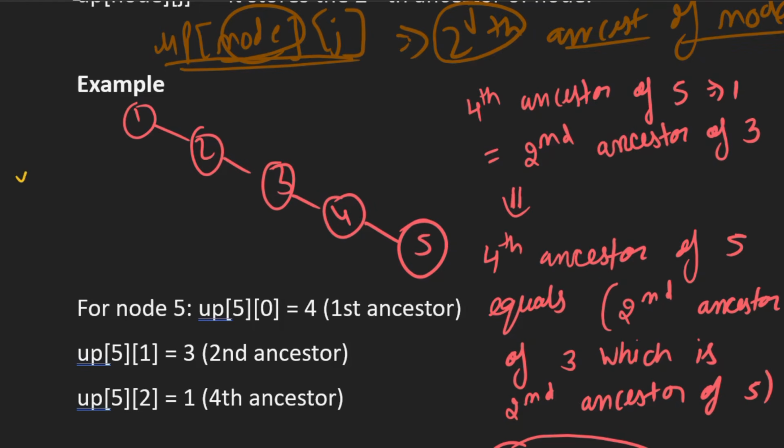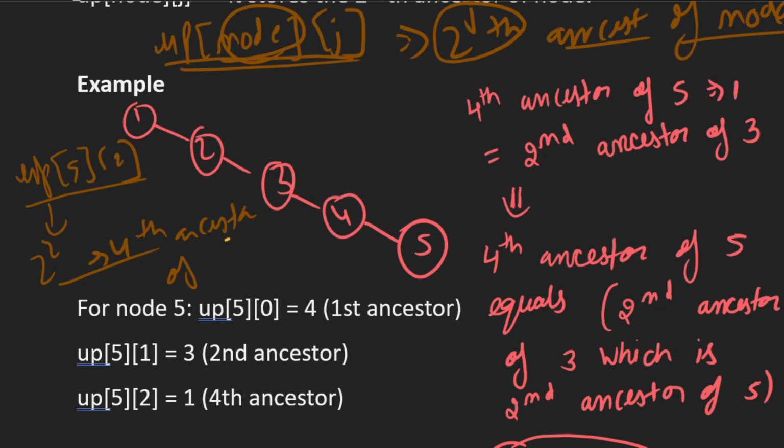So if you have up of 5 comma 2, this will store 2 to the power 2, that is 4. So this will store the fourth ancestor of 5, right? So we will build this 2D array up of node comma j.